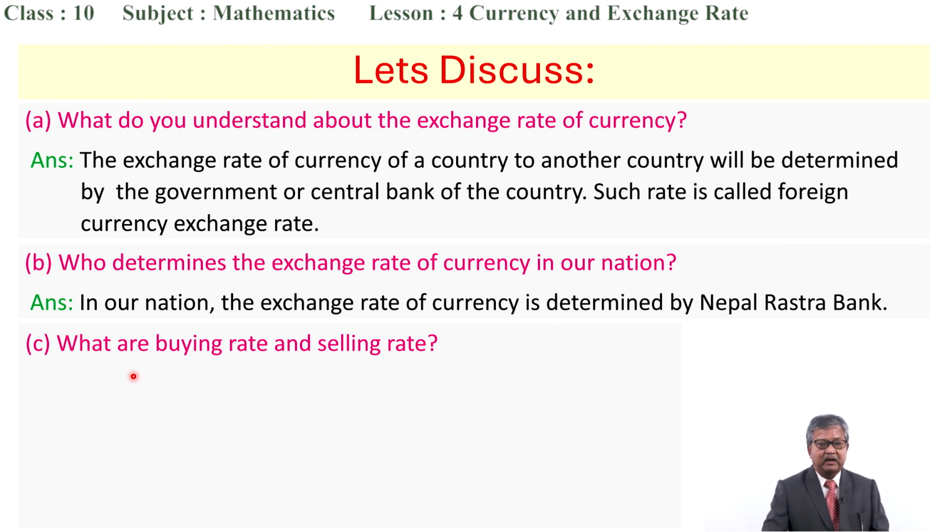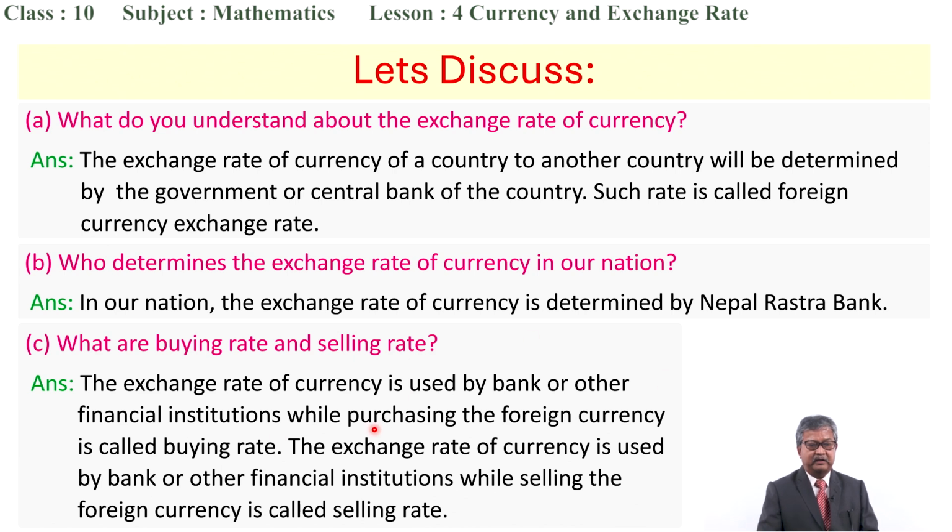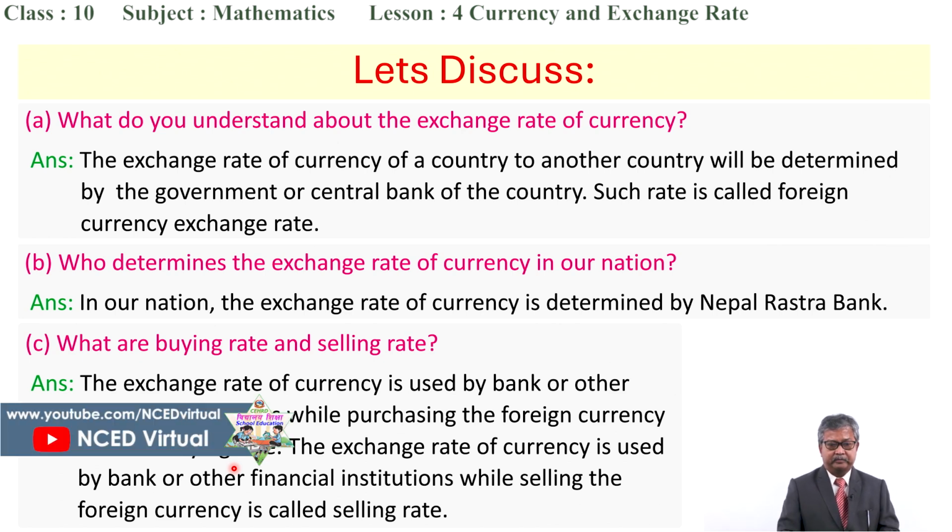So what are buying rate and selling rate? Buying rate means what and selling rate means what? Let's see now. The exchange rate of currency used by a bank or other financial institution while purchasing foreign currency is called the buying rate, because at that time the foreign currency is purchased by the bank.